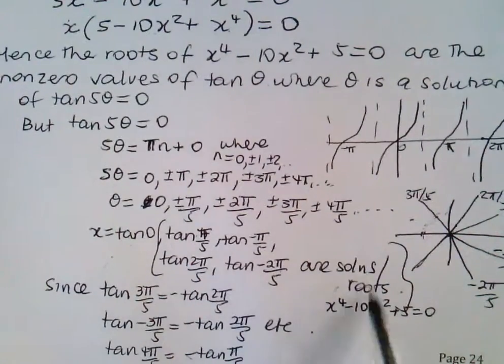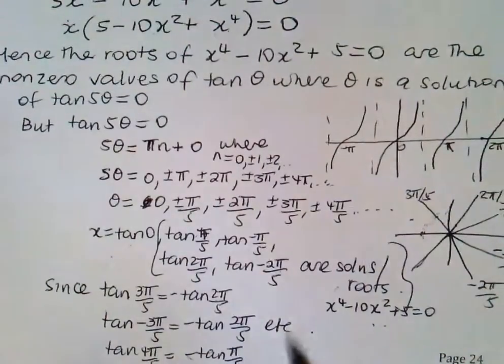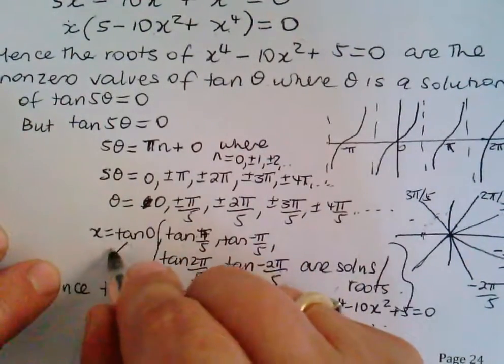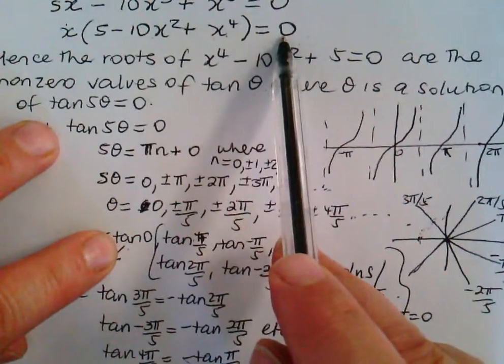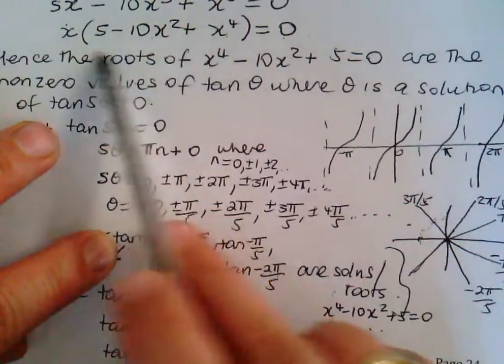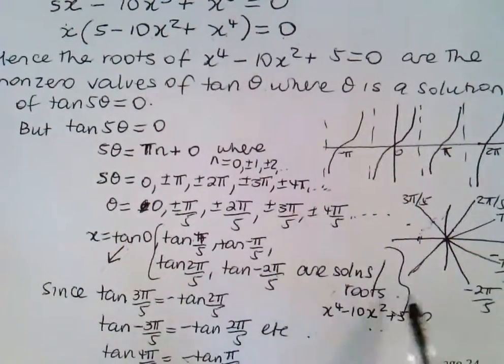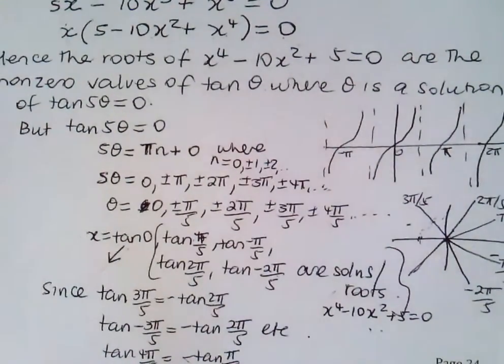Remember we said these were the non-zero solutions? Because if you work out tan pi on 5, you don't get 0. If you work out tan of negative pi on 5, you don't get 0. But if you do tan 0, you get 0. So this was the other solution, x is 0. These are my non-zero solutions, because if you evaluate the 4 other solutions, you don't get 0. Tan 2 pi on 5 is not 0, and tan of negative 2 pi on 5 is also not 0.